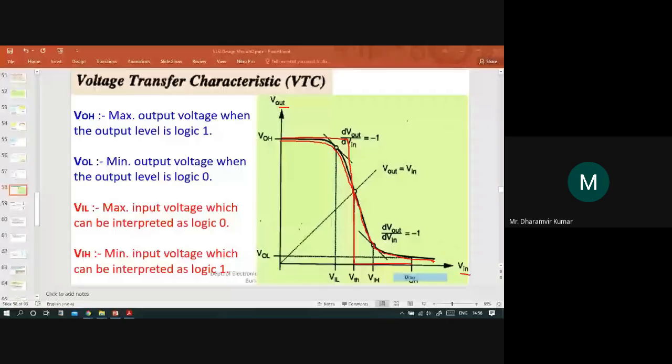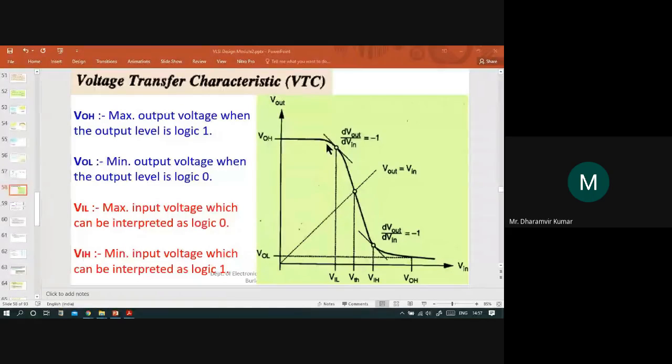When you see here, this is the input axis, the independent parameter, the input voltage. This y-axis is the dependent parameter, the output voltage. The output voltage is high for this range of values.